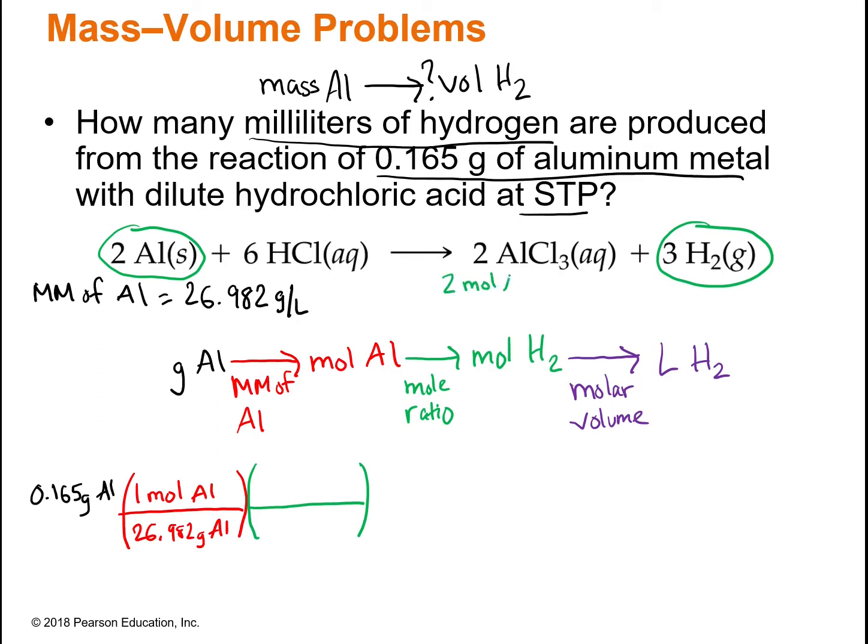I've got 2 moles of aluminum and 3 moles of hydrogen gas. You can also have the reciprocal, 3 moles of hydrogen gas over 2 moles of aluminum. The one that will get us where we need to go is this second one here, because it will cancel out the moles of aluminum and leave us with moles of hydrogen gas.